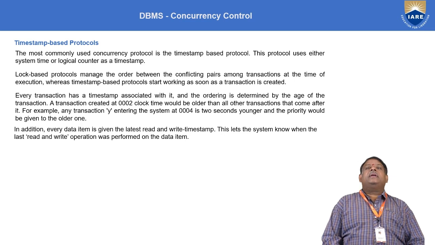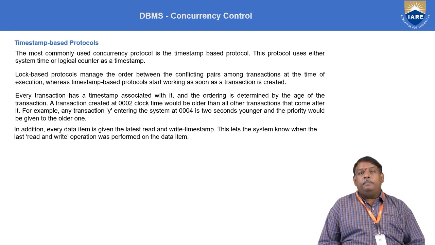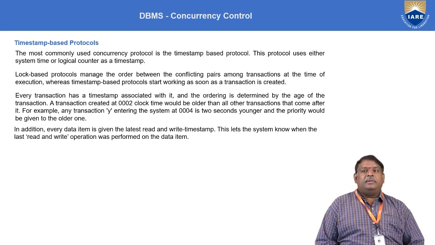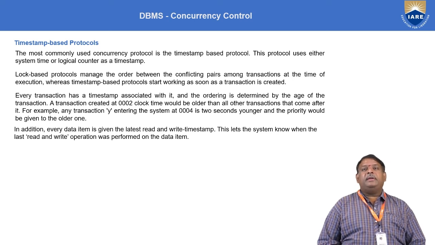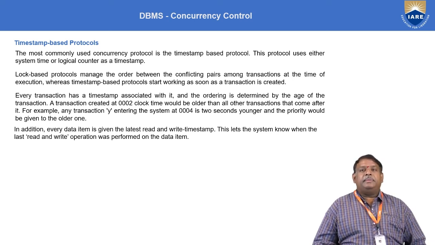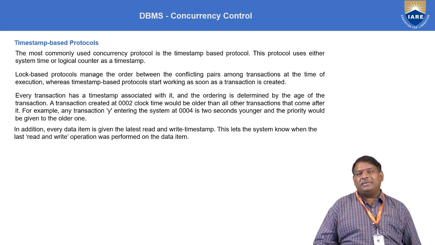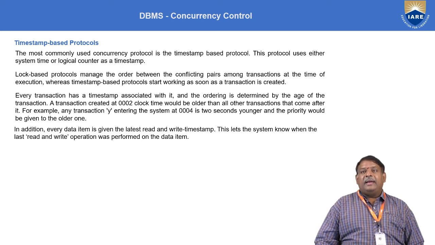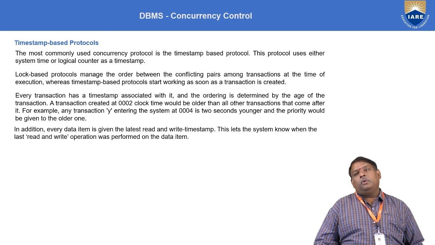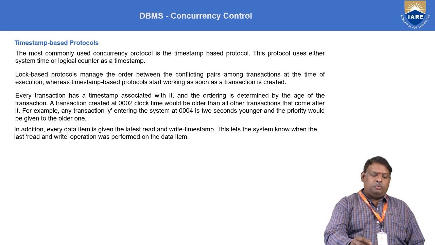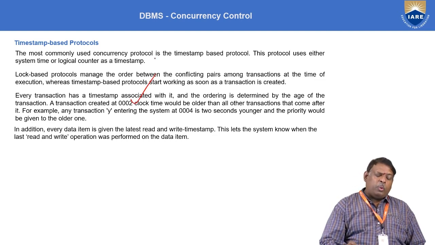A transaction started at 2 o'clock would be older than all the transactions that come after it. For example, any transaction Y entering the system at 4 seconds is 2 seconds younger, and the priority would be given to the older one. Suppose you have two transactions, one at 2 o'clock, one at 4 o'clock.